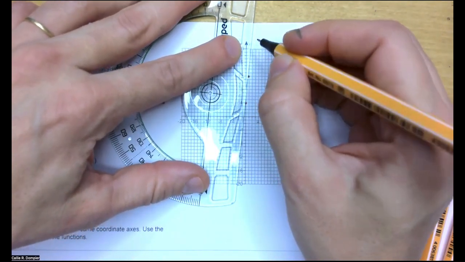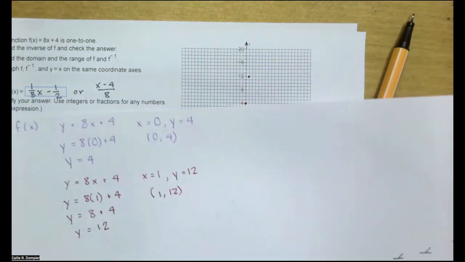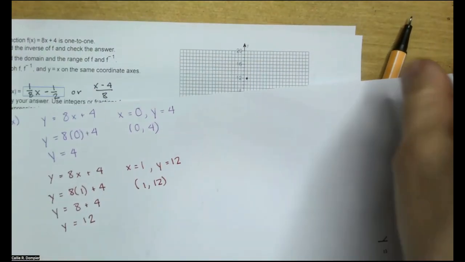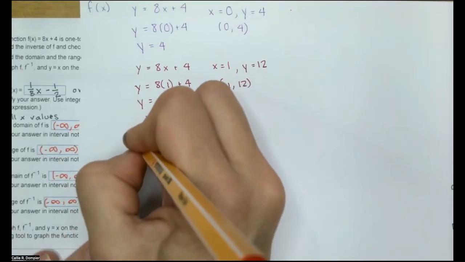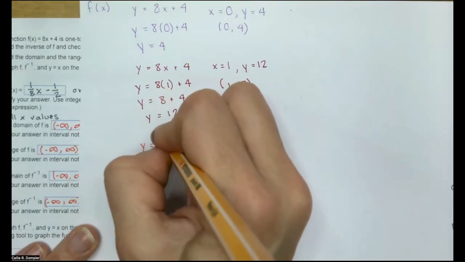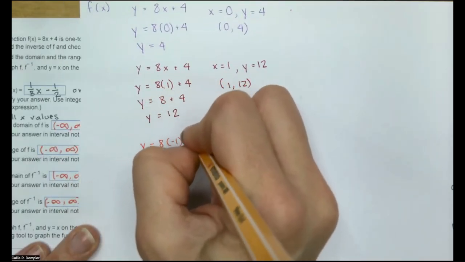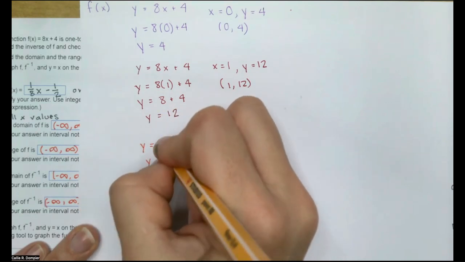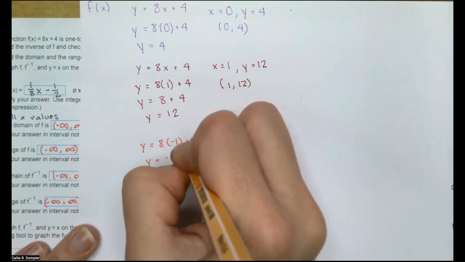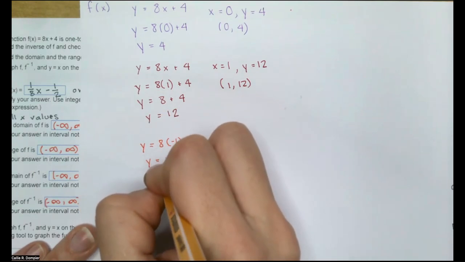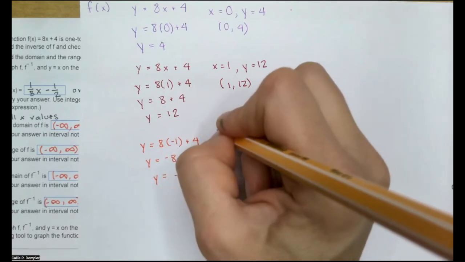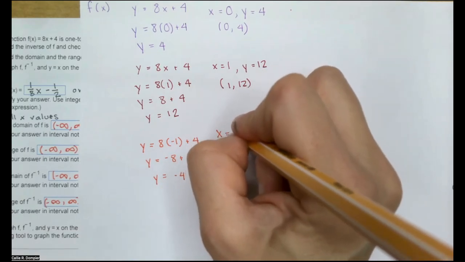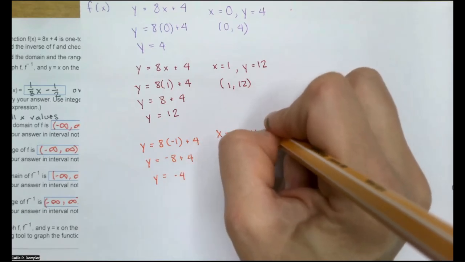You can find a third point just to make sure it matches. Let's find a third point, right? What if it was -1? Y equals 8 times -1 plus 4. Y equals -8 plus 4. -8 and positive 4 is a -4. So when x is equal to -1, y is equal to -4.